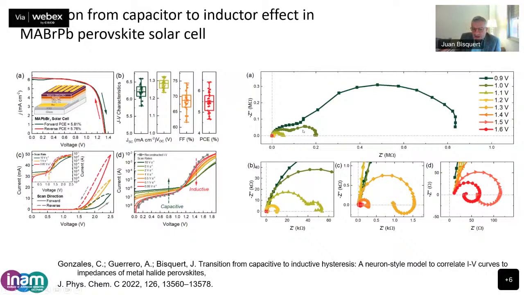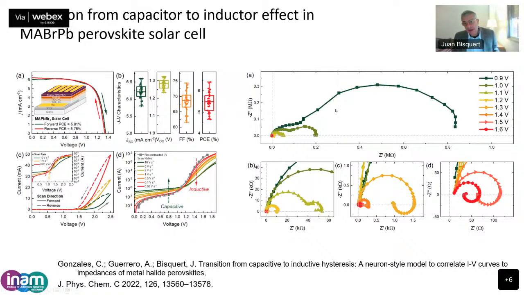But before this transition, we have two arcs, and it's totally capacitive. But when you get to 1.2, you see that here it becomes unstable, developing something, and suddenly you see that is a very big inductor at low frequency. So this slow dynamics of recombination control by ions is onset at this voltage, 1.2.